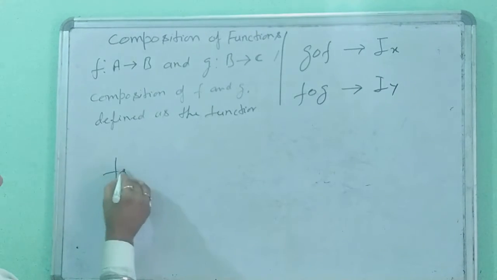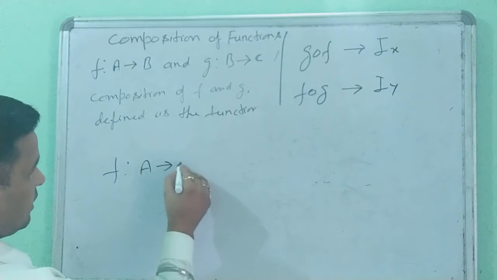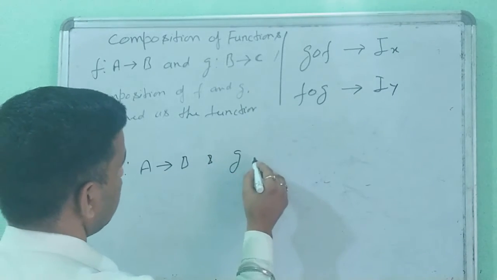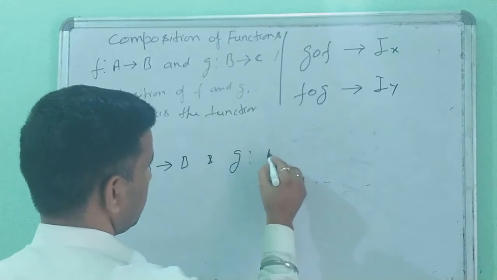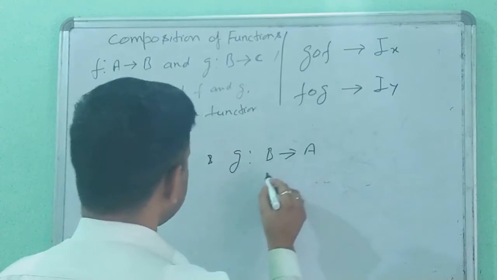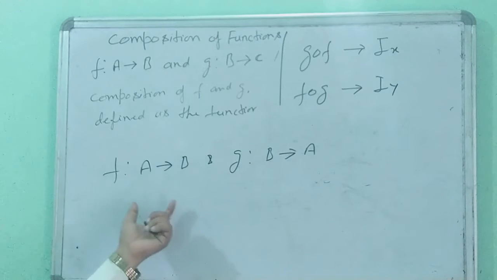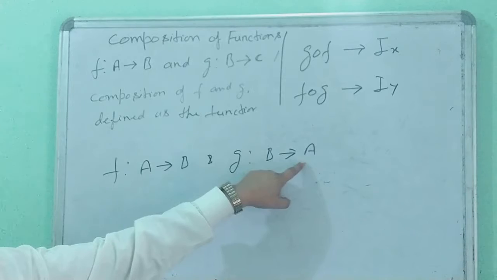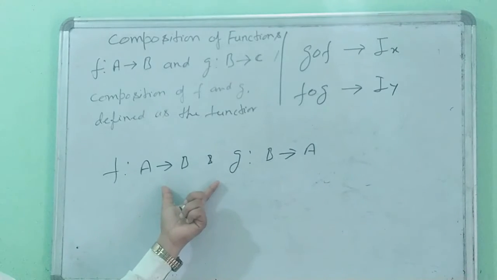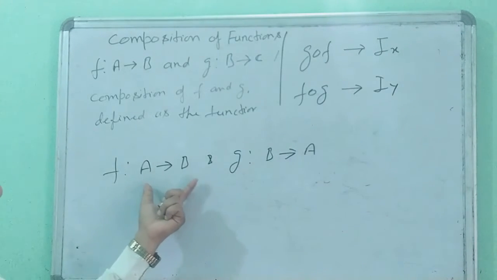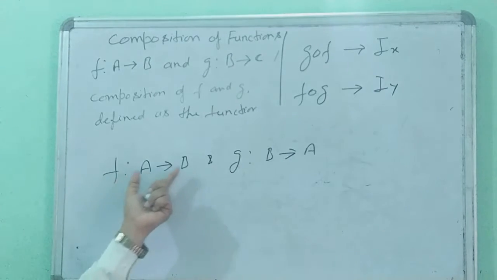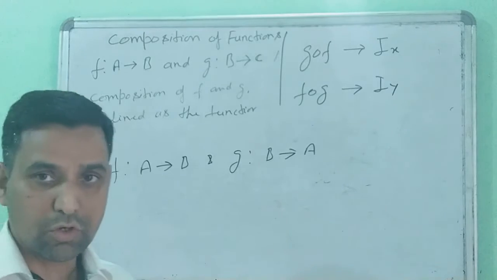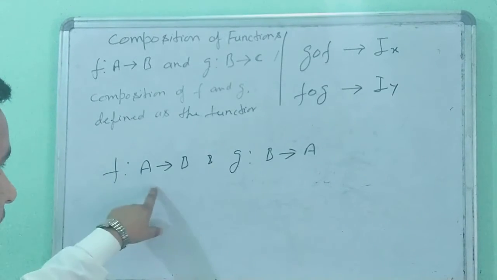Suppose function f is from a to b and function g is from b to a. This type of function is called an invertible function, and an invertible function is always 1-1 and onto.